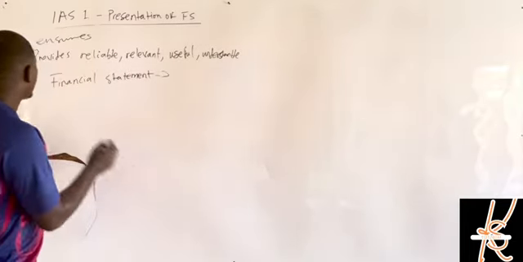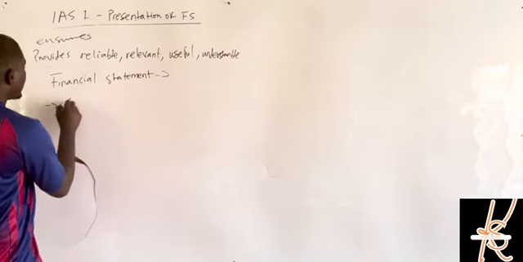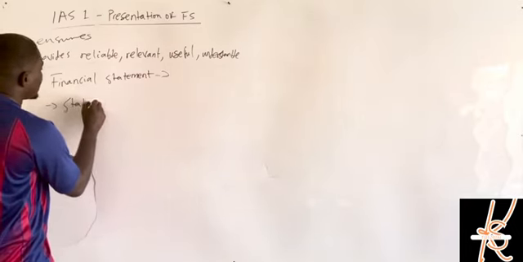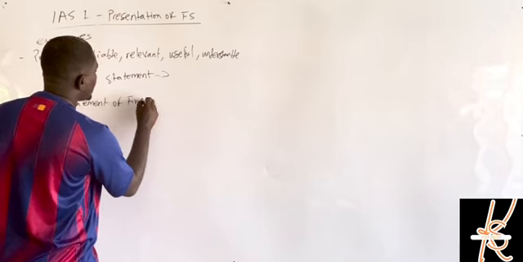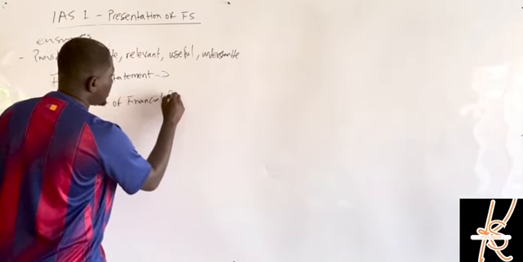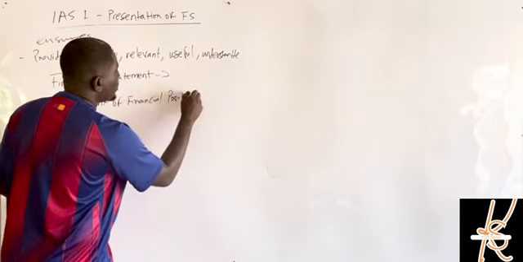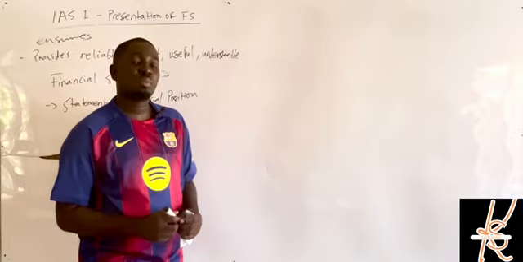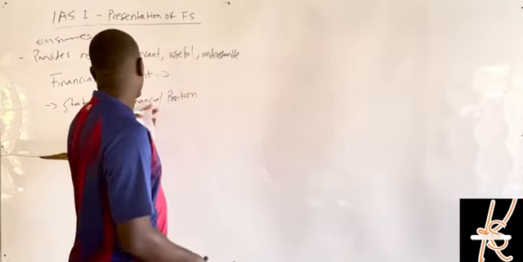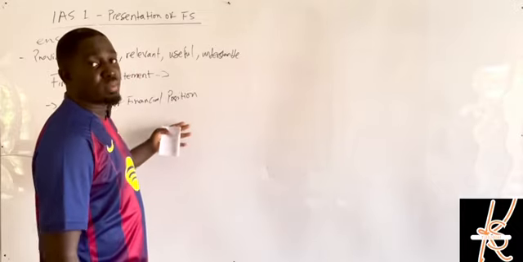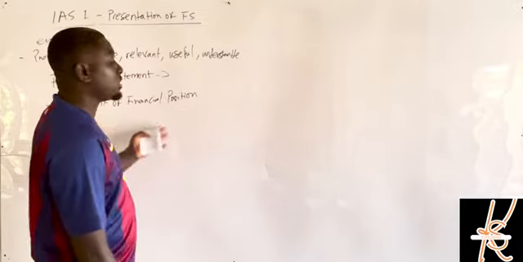So the financial statement is made up of the statement of financial position. When we talk about the statement of financial position, it used to be the balance sheet, but now, according to IAS 1, this is the name that is used: statement of financial position.